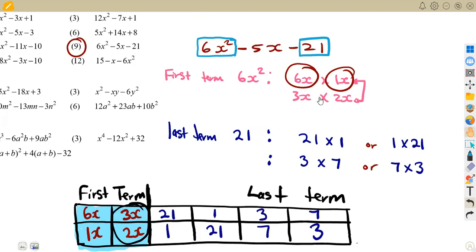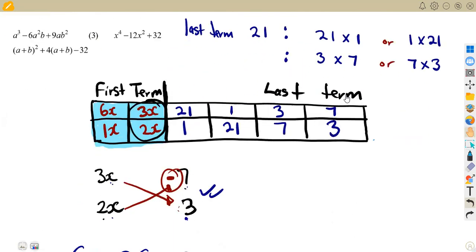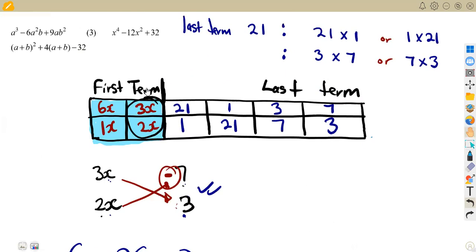From those factors that you have determined, tabulate them, put them on a table like this, showing the first terms and your last terms. Then determine a combination through the horizontal, through this concept of taking the first. If you consider 6 and 1, you must take them like this here, 21.